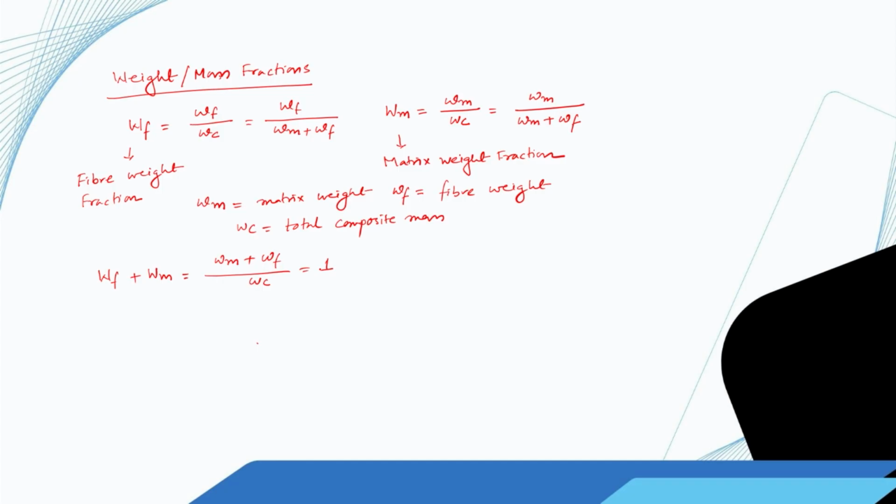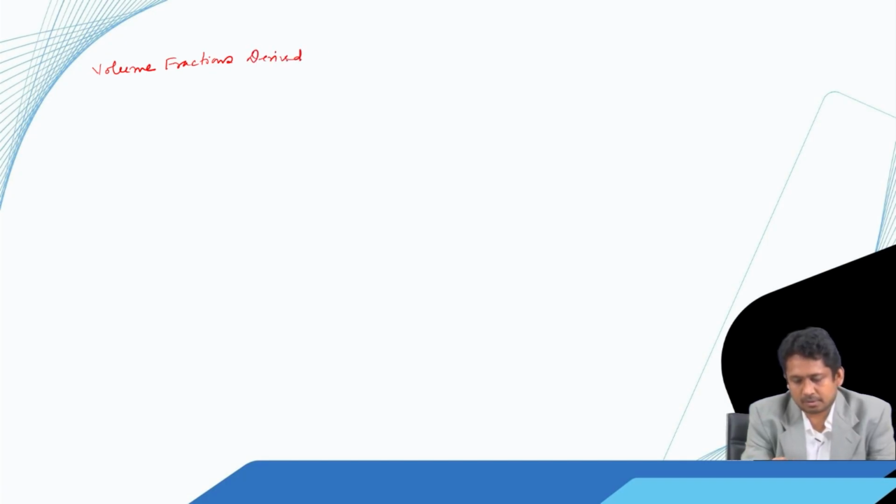Now, we will see, if we have the fiber arrangement known in the composite, can we get the volume fractions. So, we are going to derive the volume fractions from fiber arrangement.